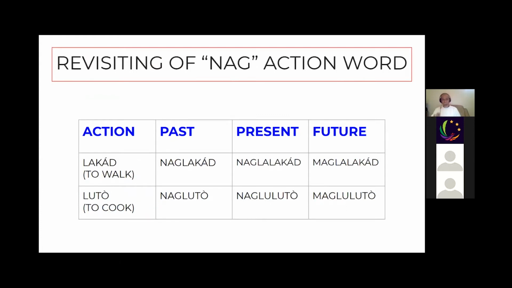"Nag" root for the past, "nag" first syllable root, "mag" first syllable root. Okay, so I think we got that squared away. Unless there are any questions on the conjugation for the "na" and "nag," we can leave that behind. We move forward. Yes? Okay, all right, let's move forward.